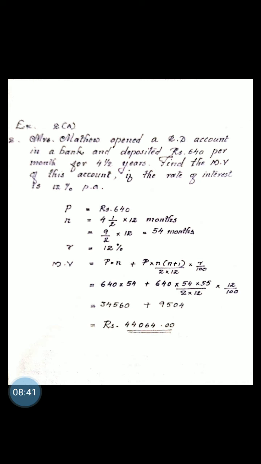And when you add these two, you will get the answer rupees 44,064.00. Clear? Now, we can do another question.